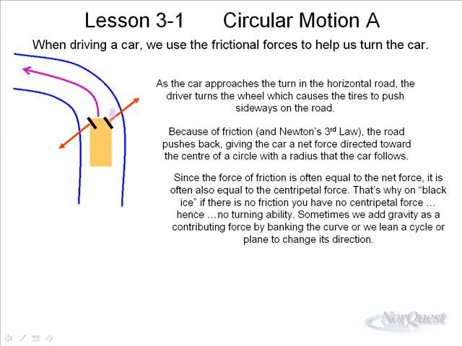And so what happens is this force doesn't exist. There is no force of the tires pushing on the black ice, and therefore, since the tires don't push on the black ice, the black ice doesn't push back, and there's no centripetal force, and so your car keeps going straight and you end up in the ditch because of the ice conditions.